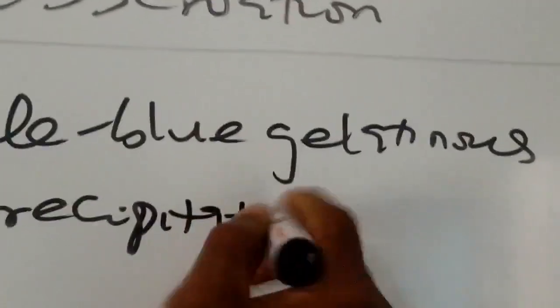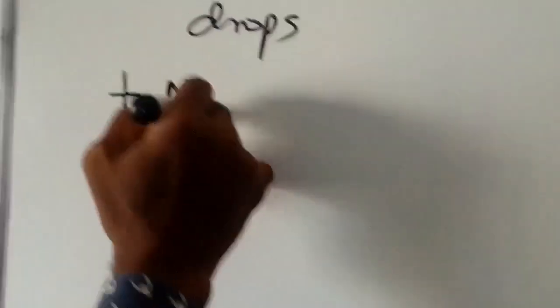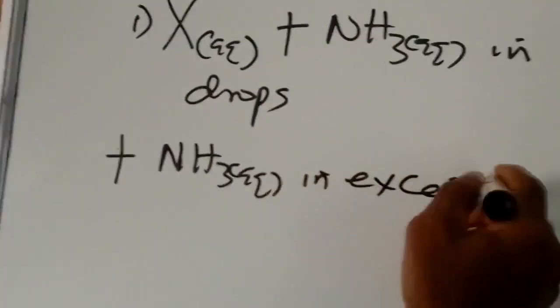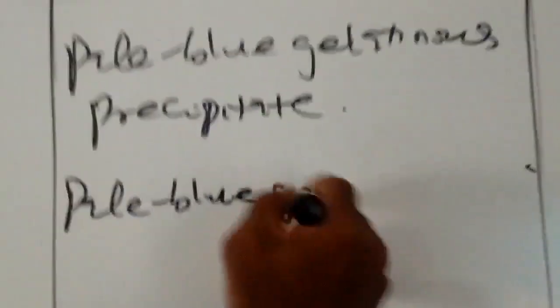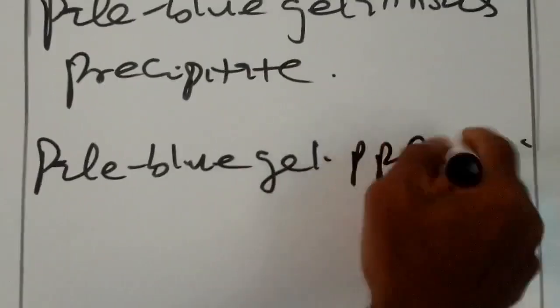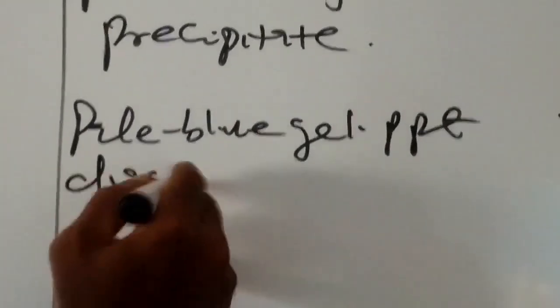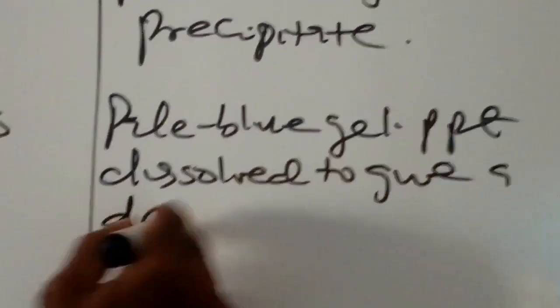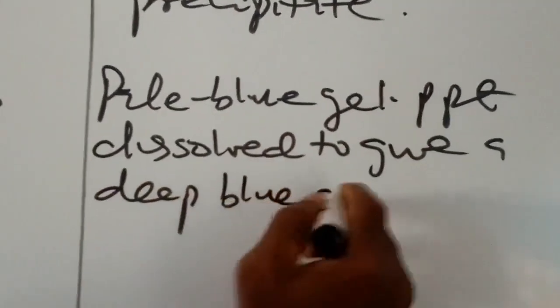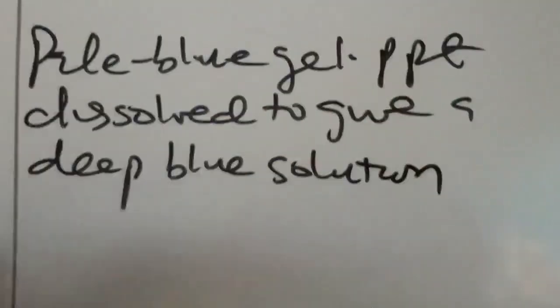precipitate formed. And when this was formed, we added ammonia again, so we write plus aqueous ammonia in excess. When we did that, we saw that the pale blue gelatinous precipitate dissolved to give a deep blue solution, as you can see here.